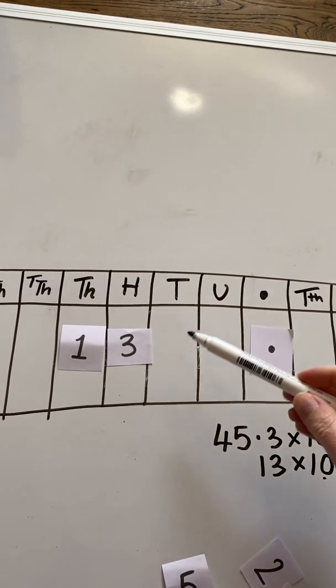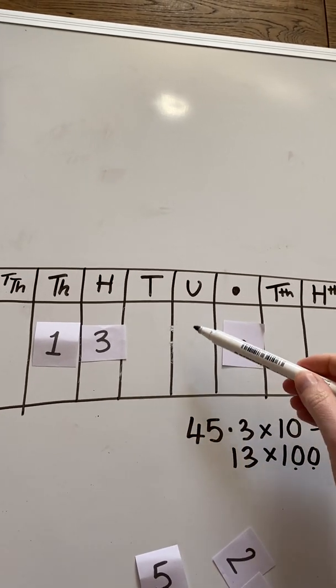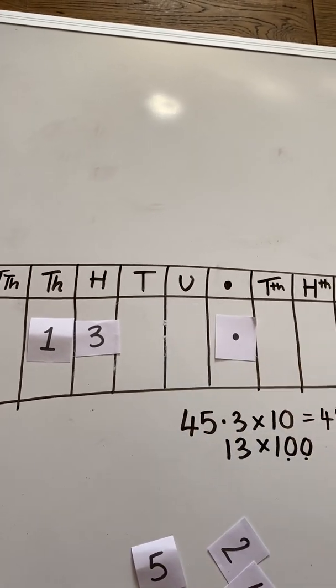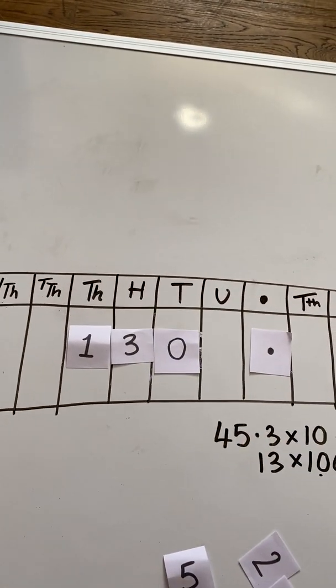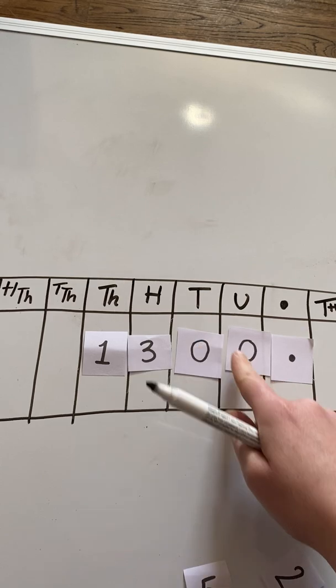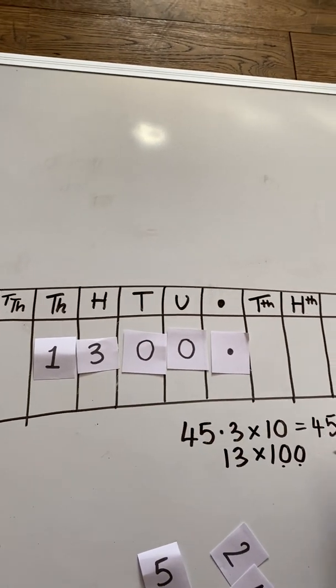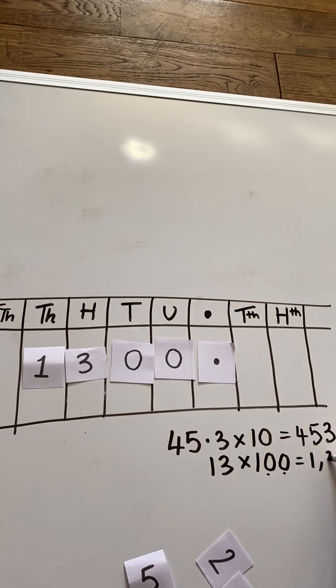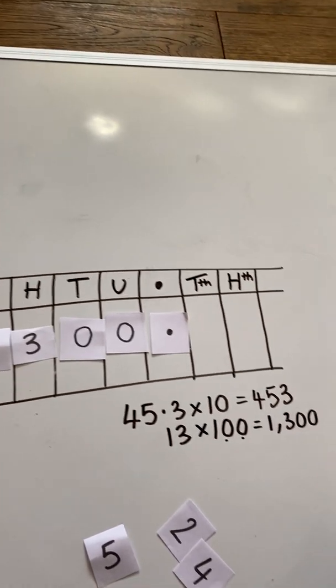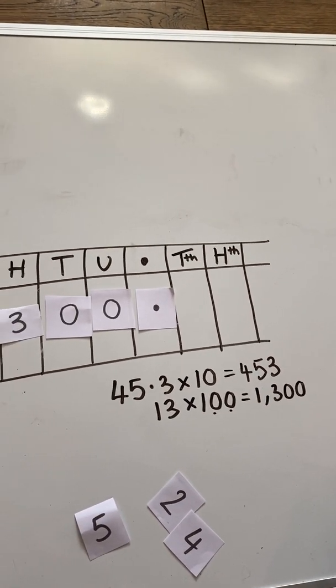Now, we've got a problem here because we've got some gaps that we need to fill. We can't leave the units and the tenths blank. So we actually need to fill these with some zeros, like this. So that would be our final answer. So we've got 1 in the thousands column, and then we've got 300. So that's going to give us our final answer there.